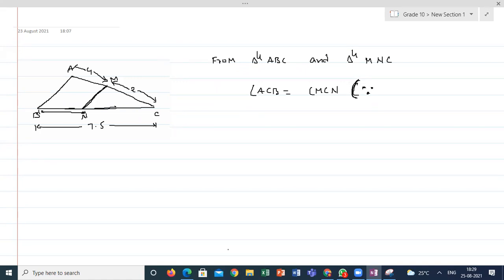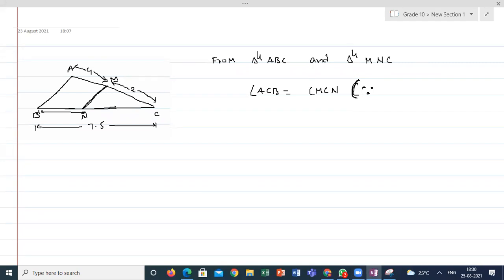Students there? Pooja, Jahnavi, Darva, Durlav. Guys, please respond. Aditi. Students there or not? Yes, sir. My question is angle ACB is equal to angle MCN.